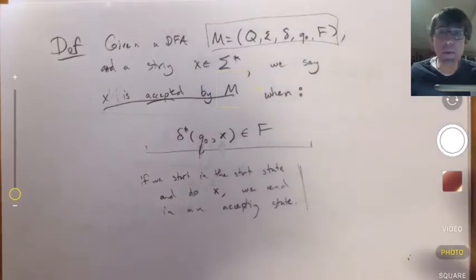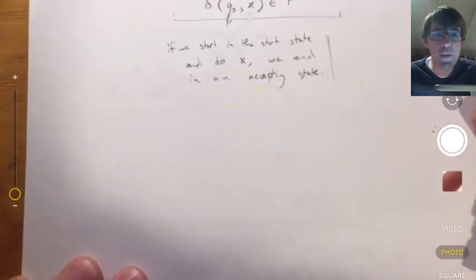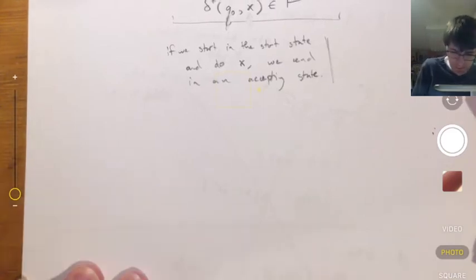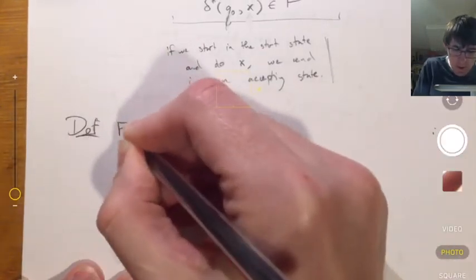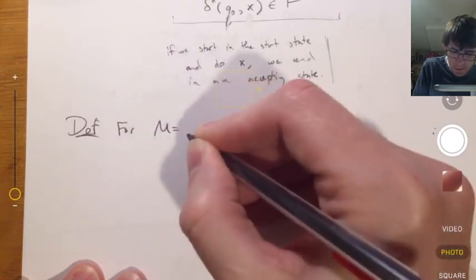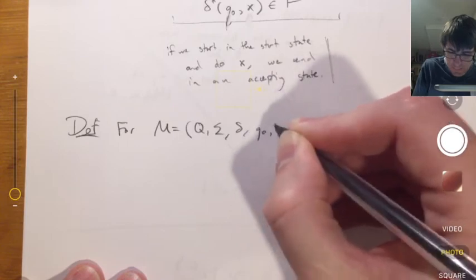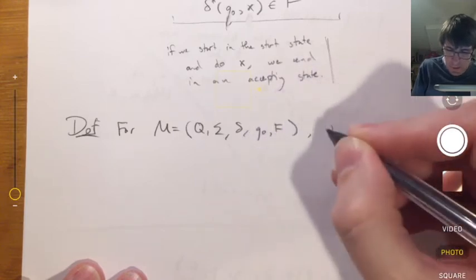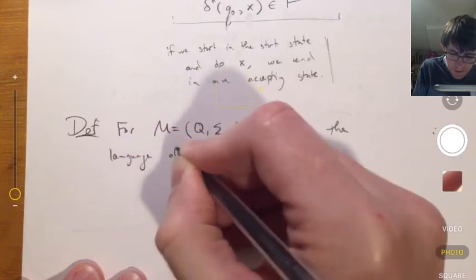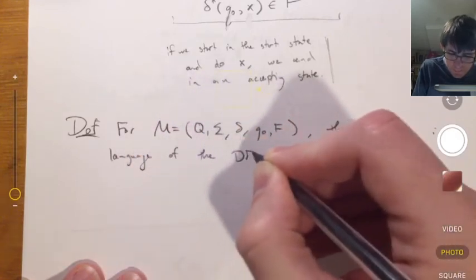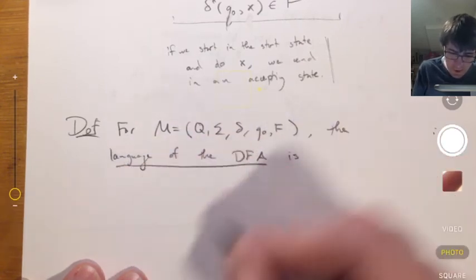Okay, I think immediately then we can define what the language of a DFA is. So let's give another definition. For a DFA, M equals, all right, it's just going to be all the same stuff again. The language of the DFA is, so this is the thing that I'm defining.